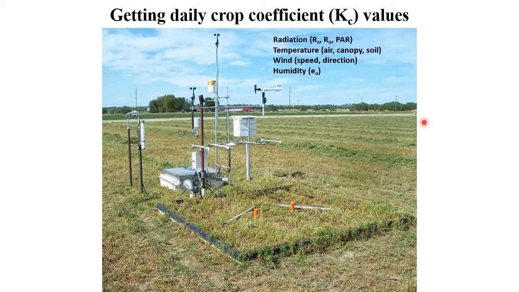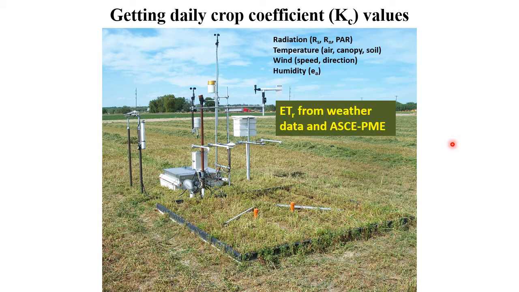Now, this is an example of how a crop coefficient is derived. Crop coefficient curves are derived experimentally. The reference ET is measured using weather sensors to calculate the reference ET using the ASCE Penman-Monteith equation. The actual ETc is measured by an instrument called a lysimeter.